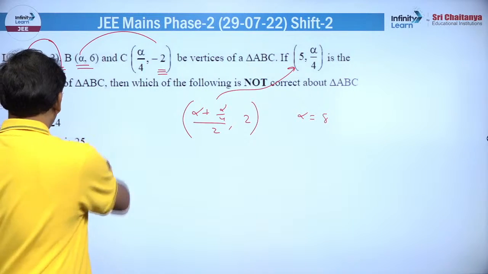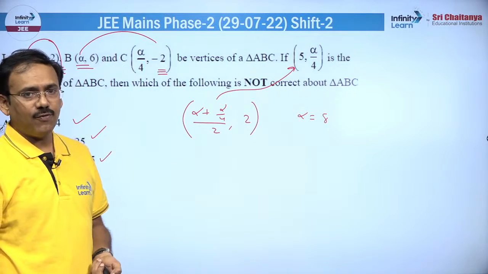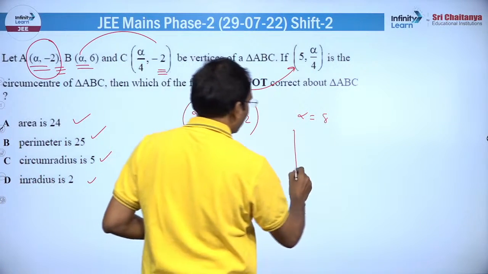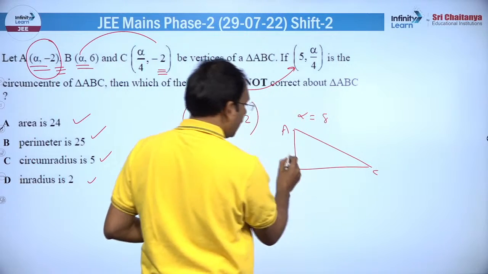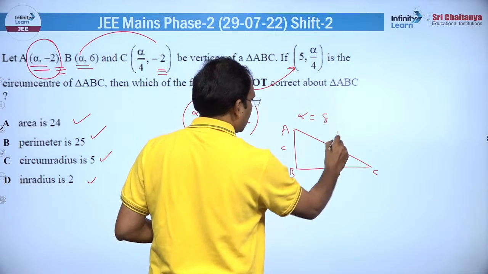Now you can find the area, perimeter, circumradius, inradius, everything you can find. You need to find which is not true. For a right angle triangle, my dear friends, once you know 3 vertices, you can find the AB length, suppose this is small a, small c, this is small a, small b.